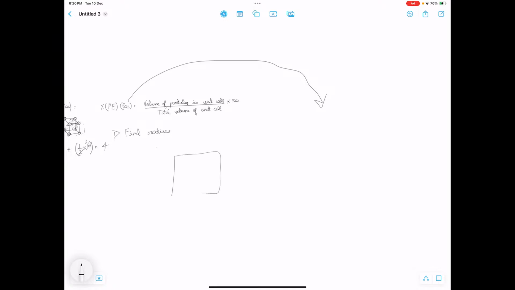So the actual diagram will look like this: this is in between, this is on the side, and this is on the side. So we have to consider this diagonal, not the edge length. This is how we'll get the relation between edge length and radius.